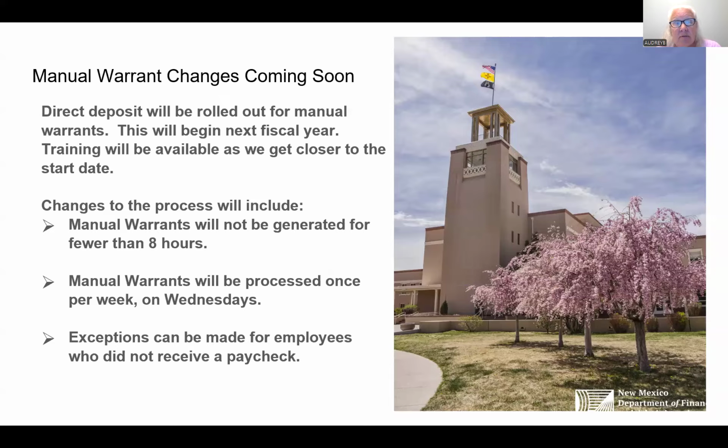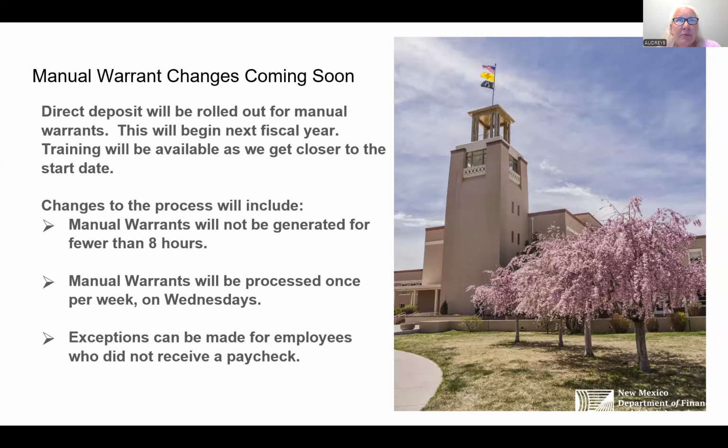We are trying very much to get rid of issuing checks, so that we can help save some of the costs and the expense. For those of you that don't know, checks are very expensive to generate. It takes a lot of manpower to generate one check.